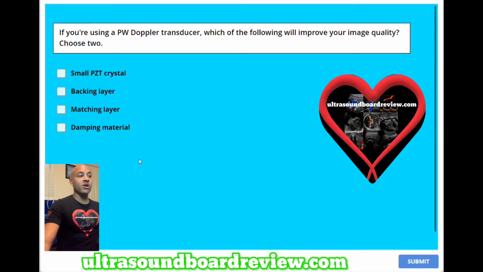The correct answers are damping material and backing layer. These two are the exact same thing, and what they do is reduce the ringing of a pulse by shortening the length. So this will improve your axial resolution.